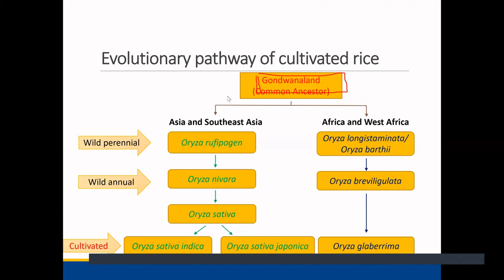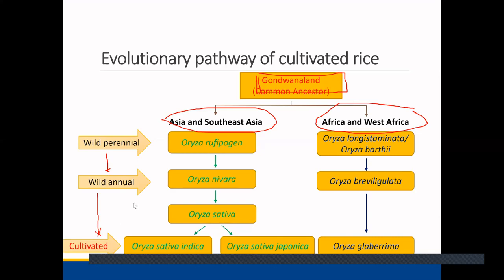So the evolution took place differently in two different places: one in Asia and Southeast Asia, and the other in Africa and West Africa. Earlier we had the wild perennials, from which evolved the wild annuals, and from that we have the cultivated species.